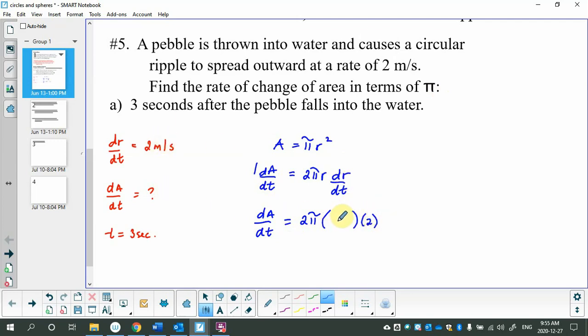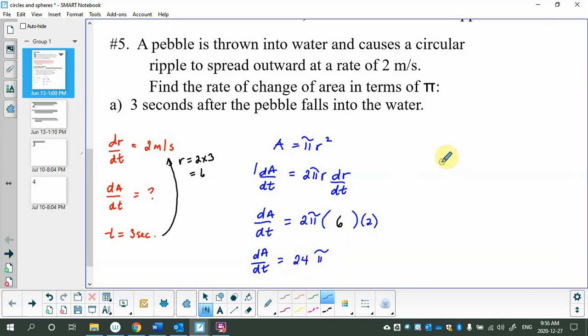Now, how do you find the R? Because without it, you can't actually solve the problem. And it is, if you think about it, if this story is happening for 3 seconds, that means that to find the R, you're going to take the 2 meters per second times 3, and you end up with 6, and you get a value in there. So dA by dt, in terms of pi, so keep pi as pi, is 2 times 6 times 2, which is 24 pi.